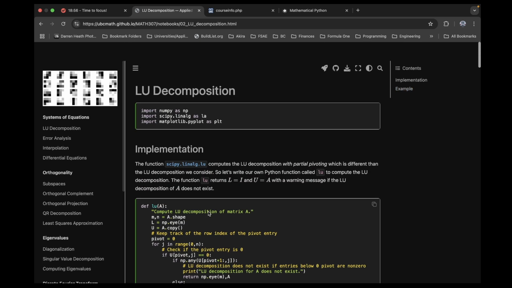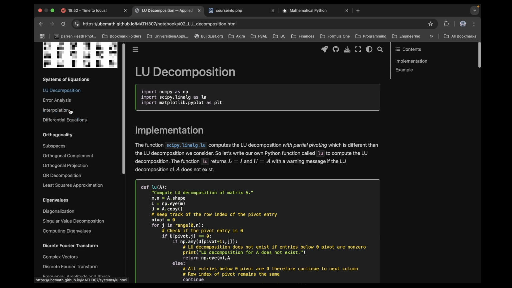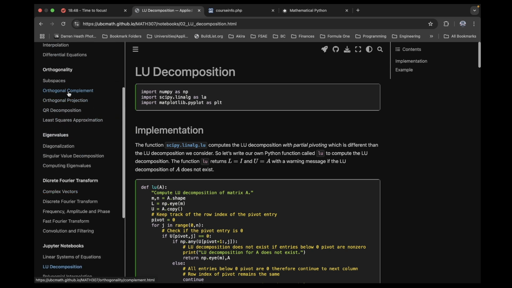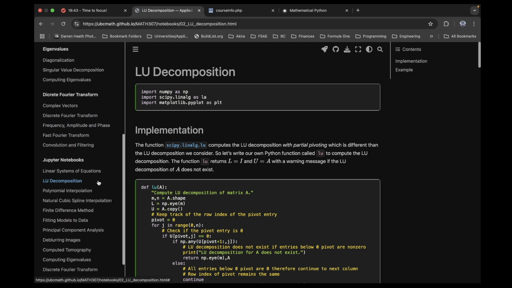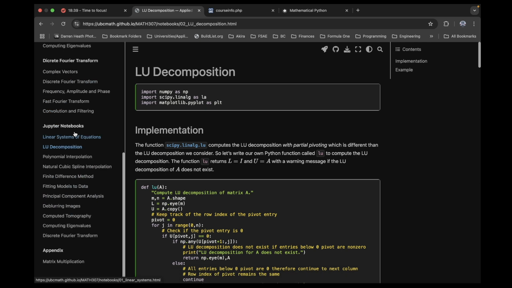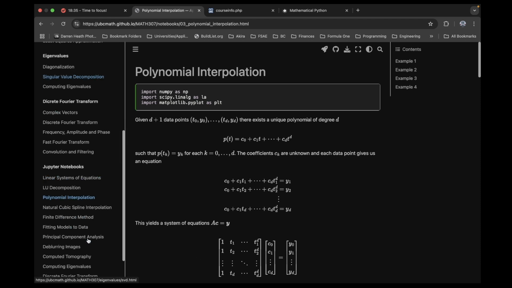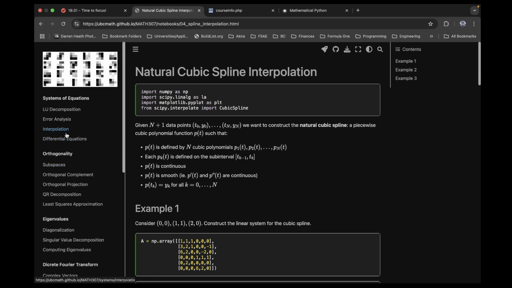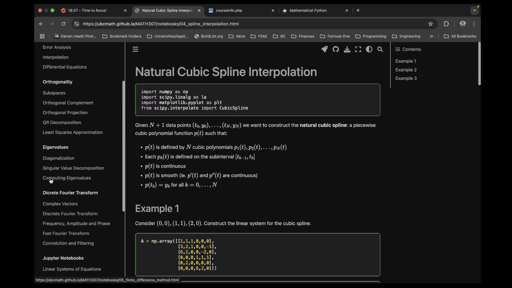Okay, so I'm going to guess that we read the theory first and then do the Jupyter notebooks after. So interpolation, differential equations will involve the finite difference method.